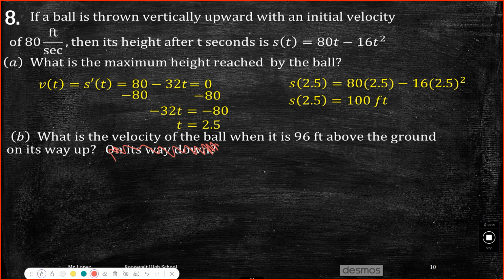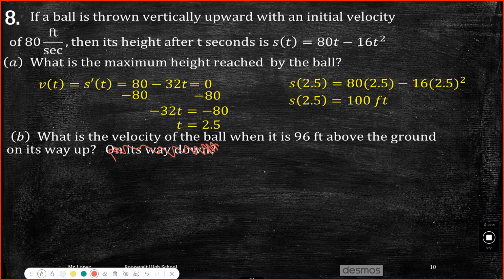How do we do this? When the output S of t is 96, and then plug it into the derivative formula, no?